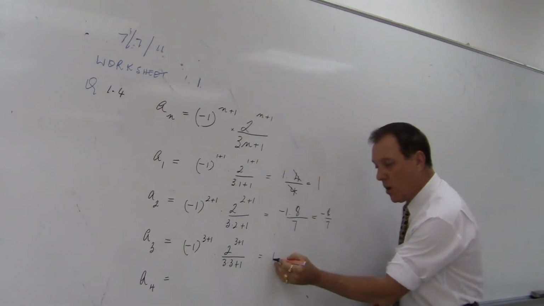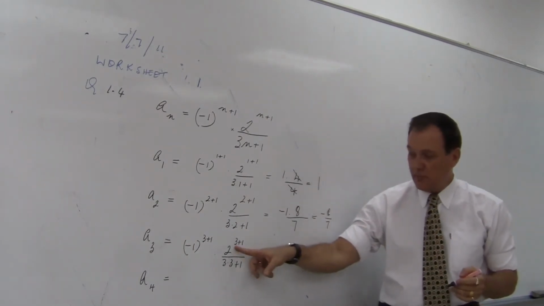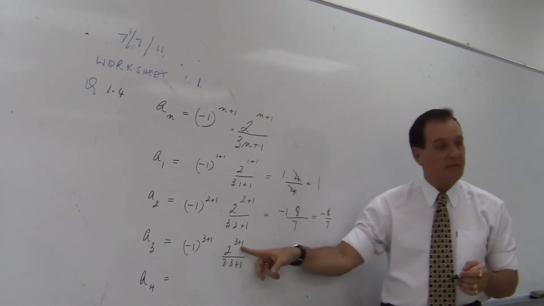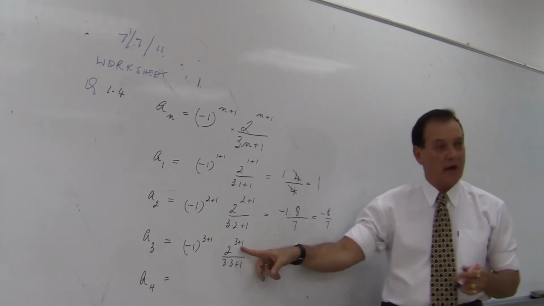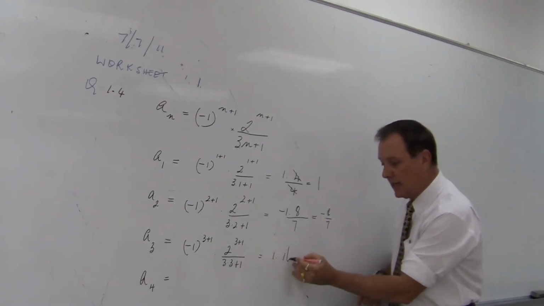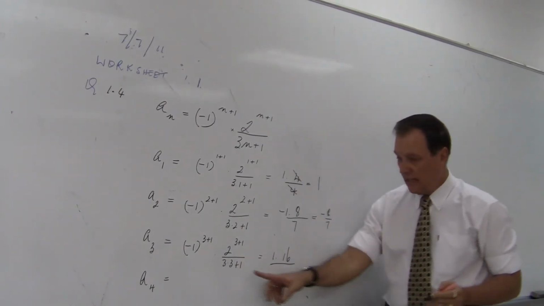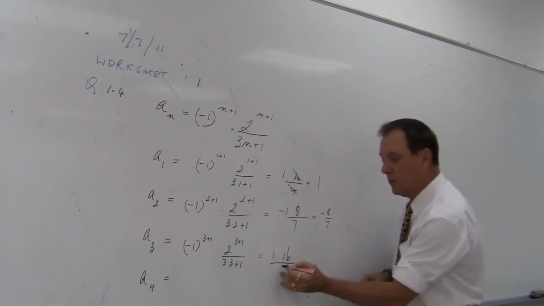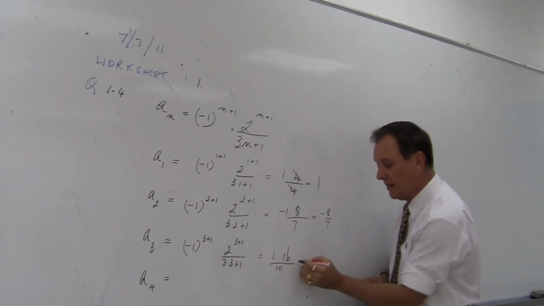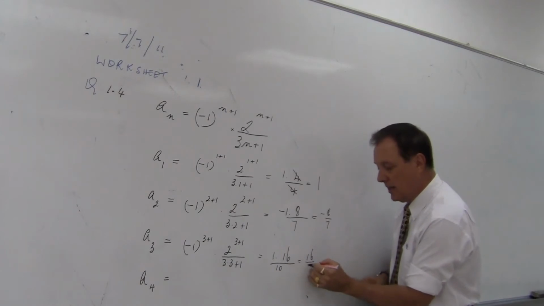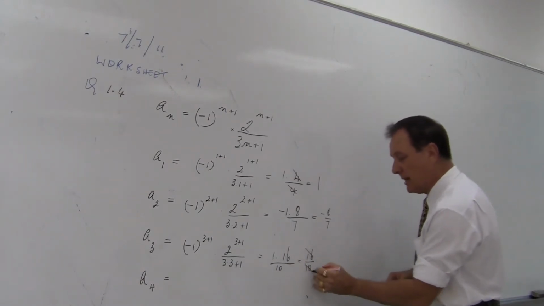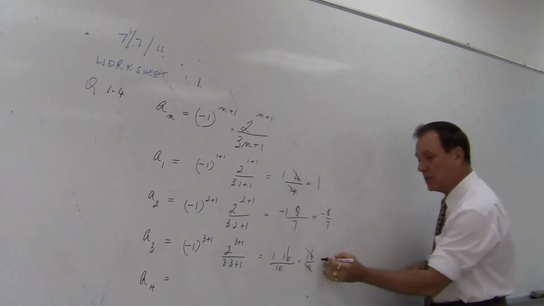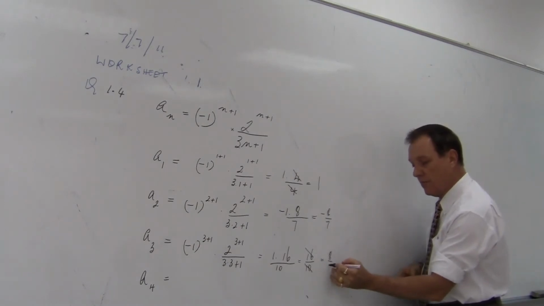So here, 1. Here, 2 to the power of 3 plus 1 is 4, 2 to the 4th power is 16. Down here, 3 by 3 plus 1, it's 9 plus 1 and it's 10. So we get 16 on 10, and that'll come down because they're both even numbers, just 8 on 5.